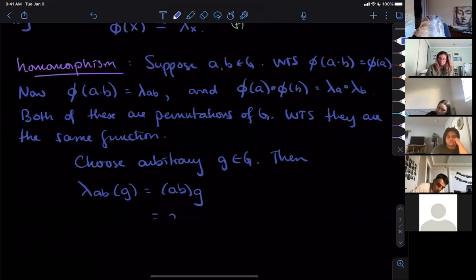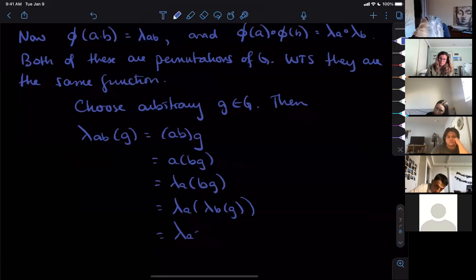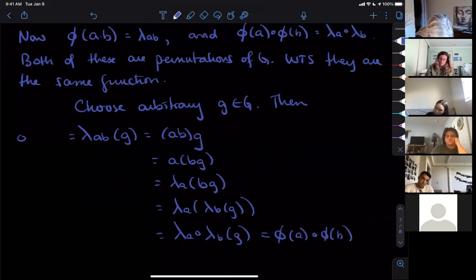And then using the associative law, that's lambda of A applied to Bg. But Bg is lambda B of g. So this is lambda A of lambda B of g. And this was phi of A times phi of B.